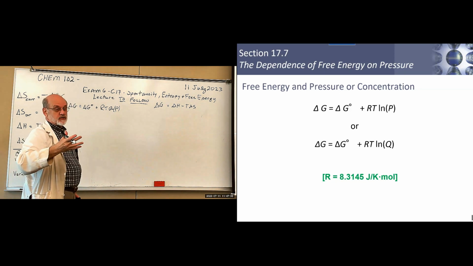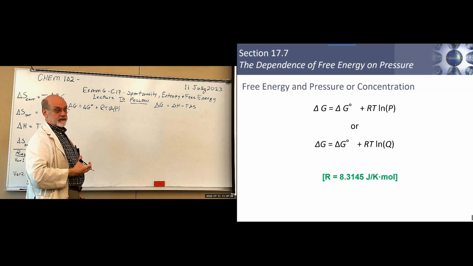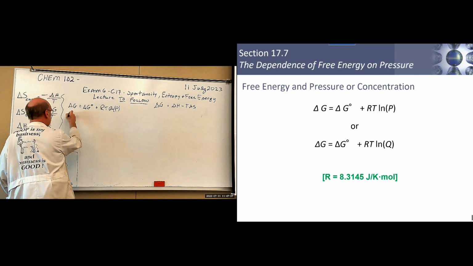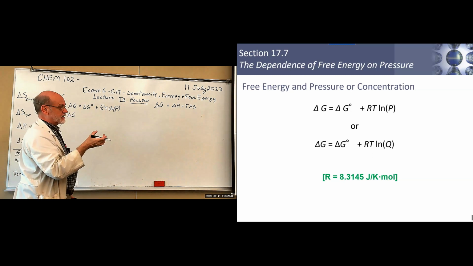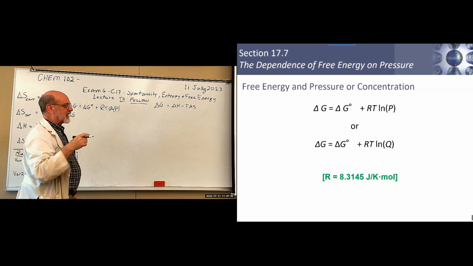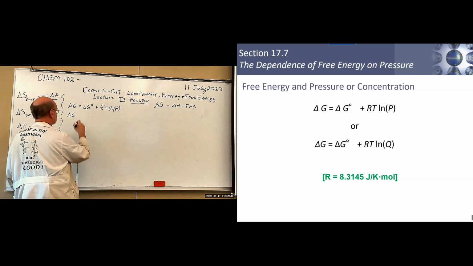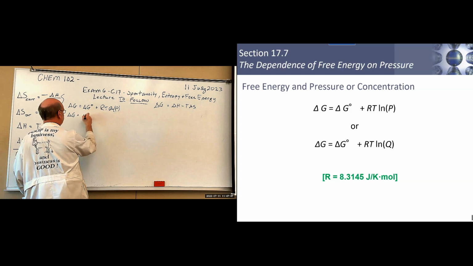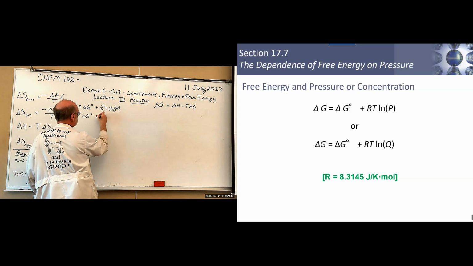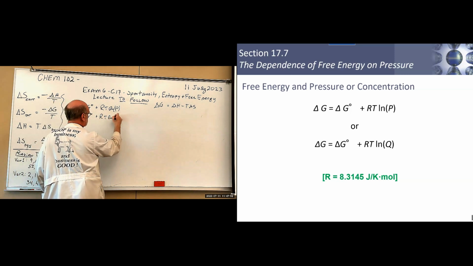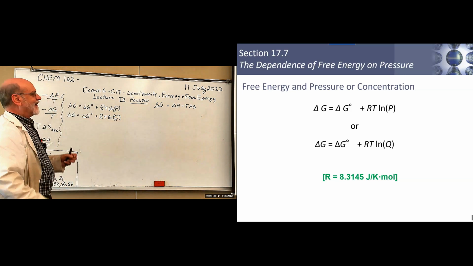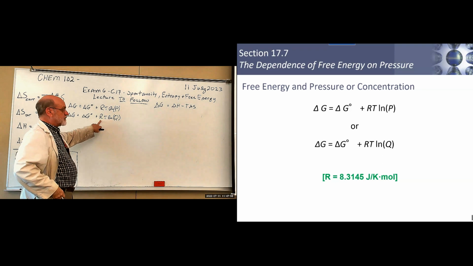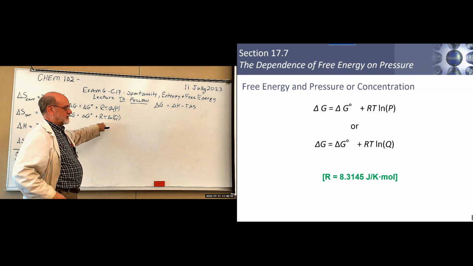So if you have 2 or 3 gases in there, you add them all together. The other possibility is if we have solutions and gases, we can calculate the Q. Delta G0 plus RT log Q. And this R has to be the one with the energy term in it.